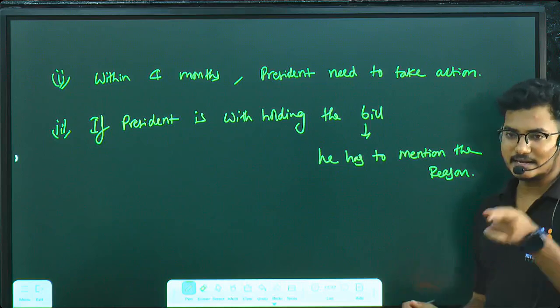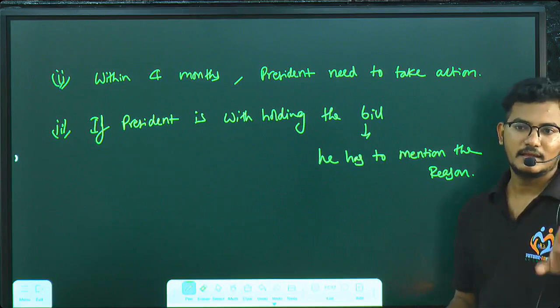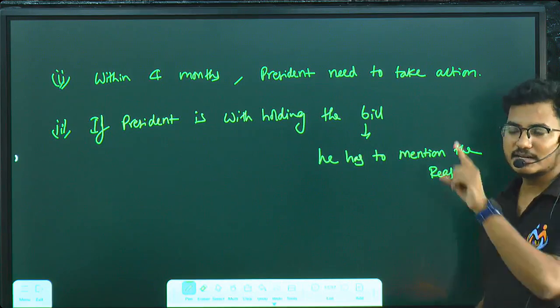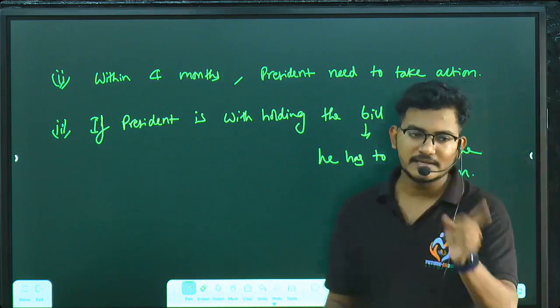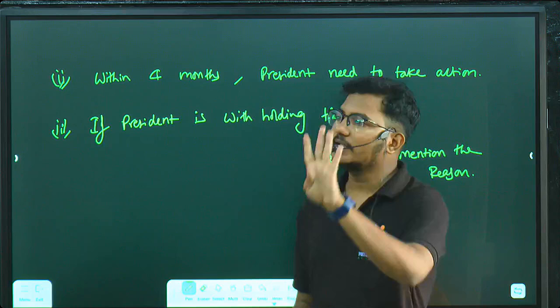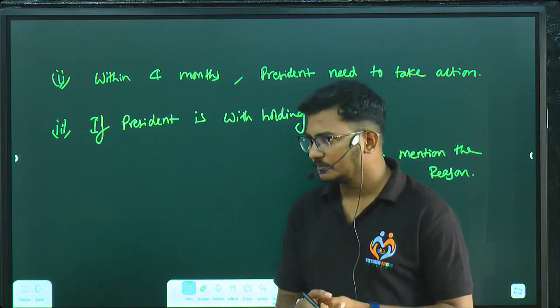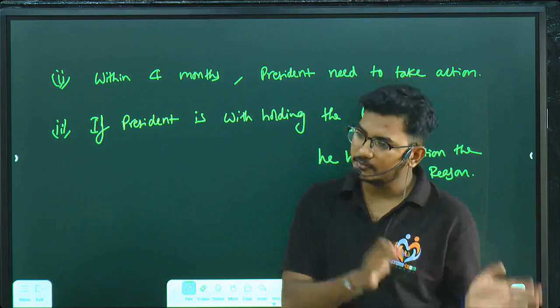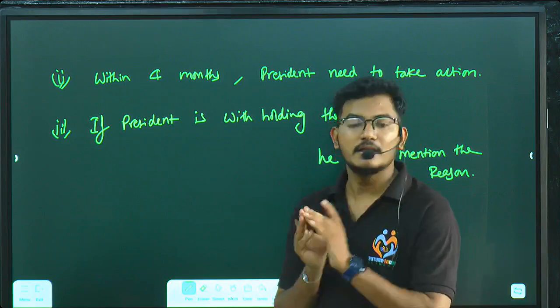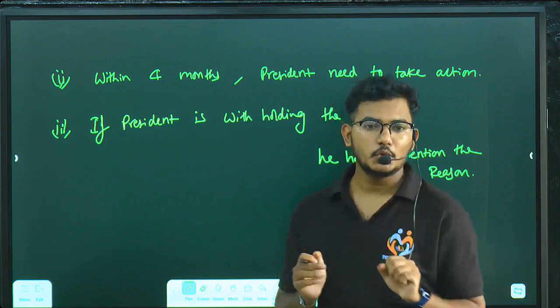When a bill is sent back for reconsideration, the president has only 2 months to take action. In the normal case, when the bill comes for the first instance, he has 4 months to take action. Once he sent the bill for reconsideration and the bill came back to the president again, now the president has only 2 months.